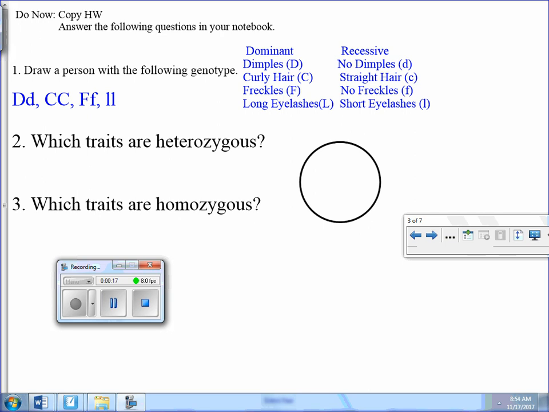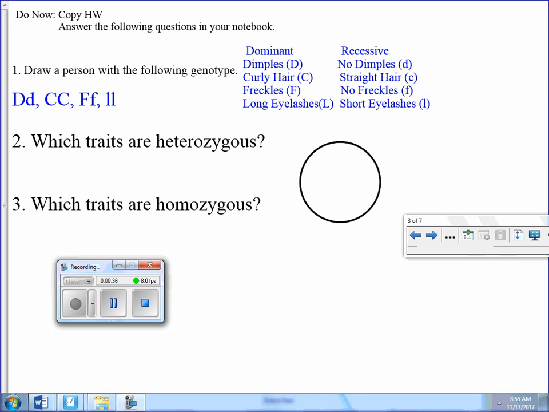Question number 1 is actually a statement. It's a directive. It wants you to draw a person with the following genotype: big D, little d, big C, big F, and 2 little L's.